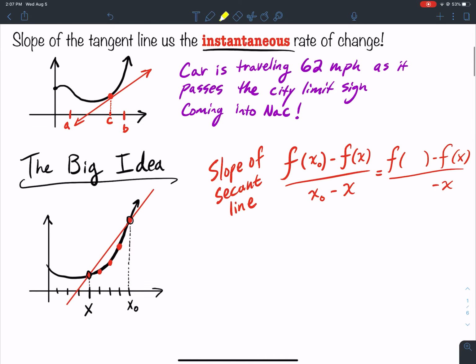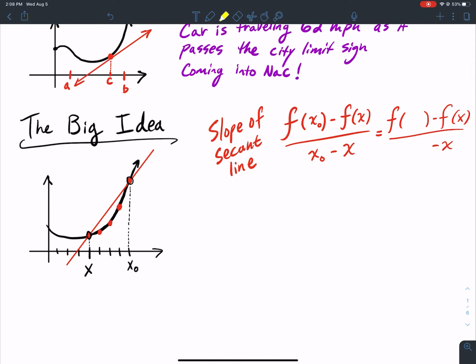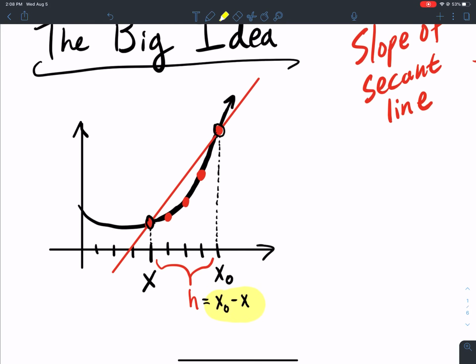Now, I want to make a clever substitution here. Instead of representing this as an x and an x naught, I'm going to call the distance between x and x naught h, okay? So how do I find the distance between x and x naught? I take the right minus the left, so I do x naught minus x, okay?